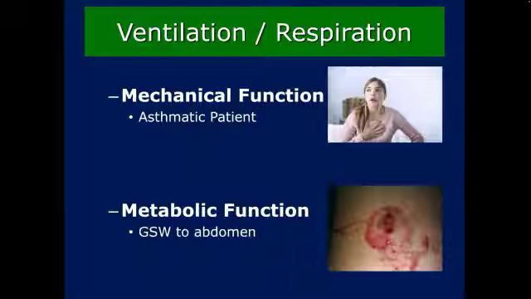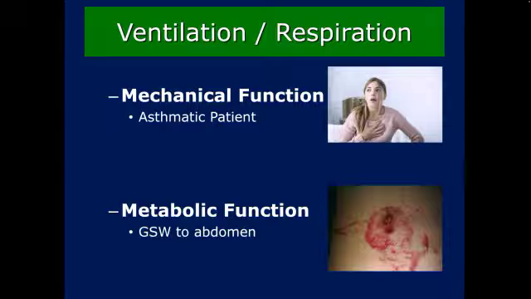If we don't intercede, she's going to become so hypoxic and so acidotic from the high levels of carbon dioxide that her skeletal muscles, her intercostal muscles, her diaphragm, her neck muscles, her shoulder muscles, all those accessory muscles, are going to stop contracting.